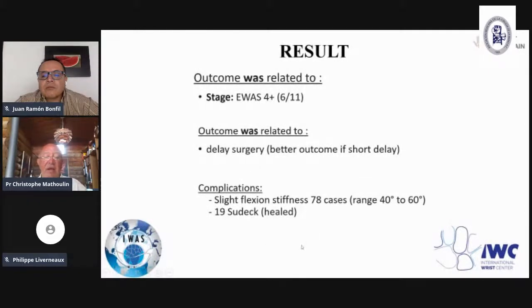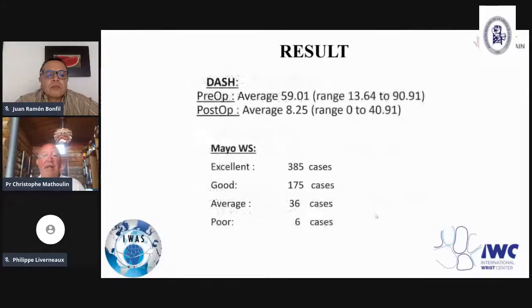The complications are a slight flexion stiffness, but it's between 40 to 60 degrees, which could be considered a very good result in open surgery. We have some SUDEC, treated and classically healed. The DASH is very good also, and according to the Mayo wrist score, we obtain very good results.